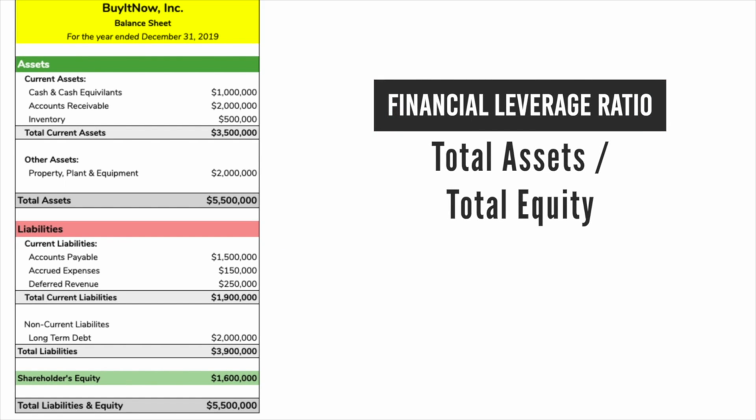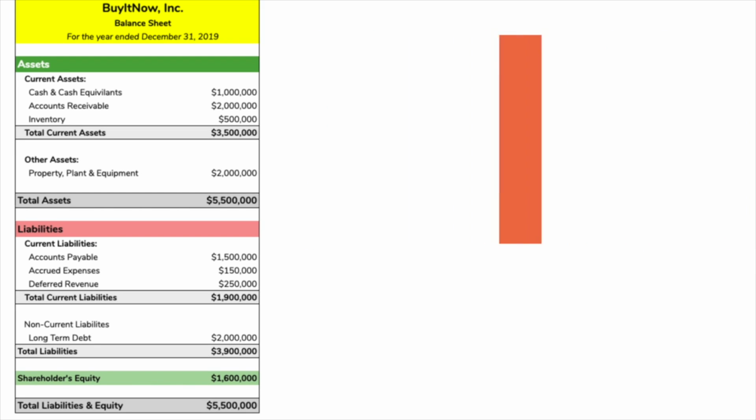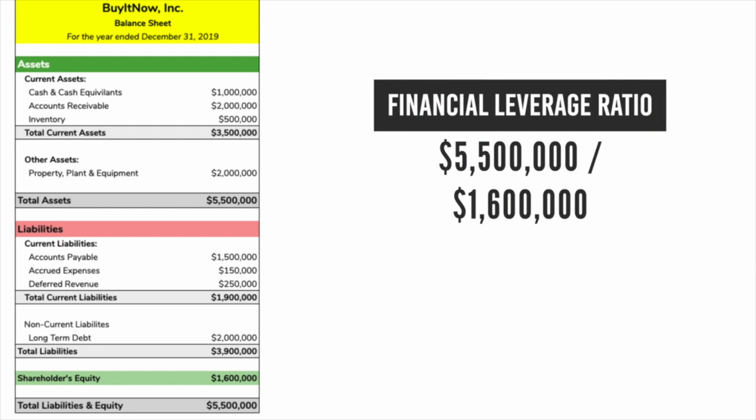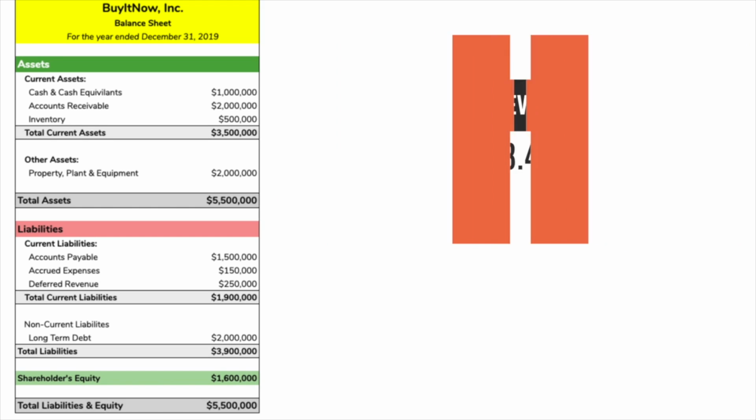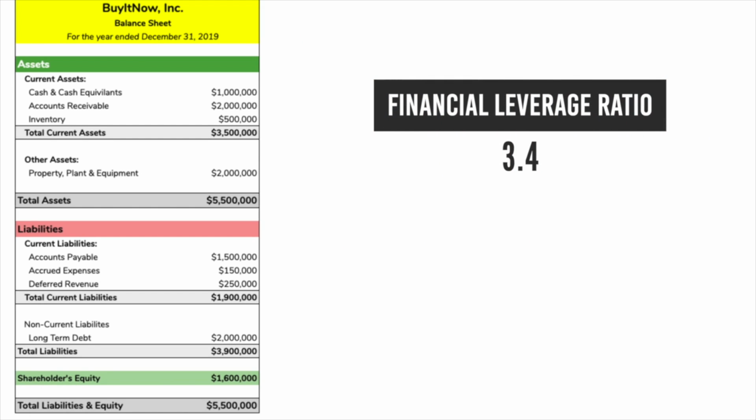If you look at the balance sheet here, total assets is 5.5 million and total equity is 1.6 million. By dividing assets by equity, this KPI tries to say how much of the assets are supported by equity in the company. The multiple, the result of the ratio, is 3.4.